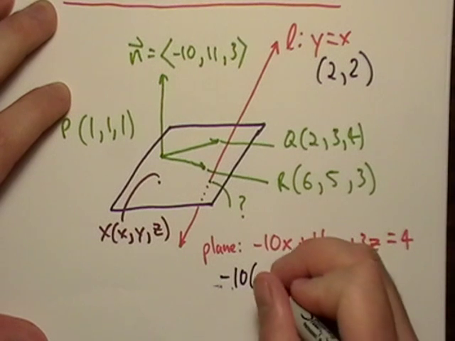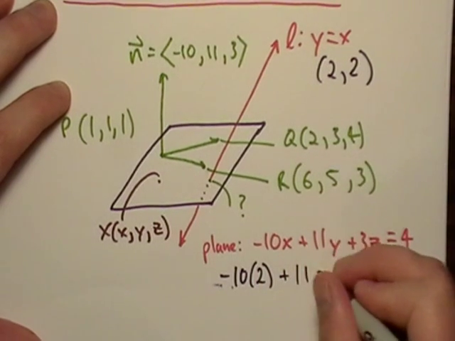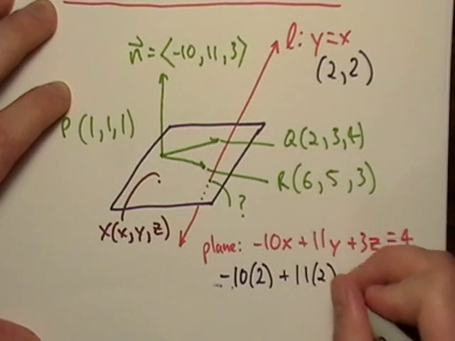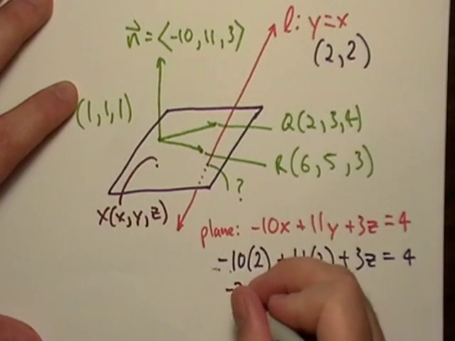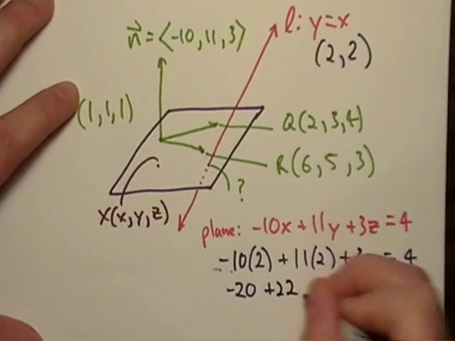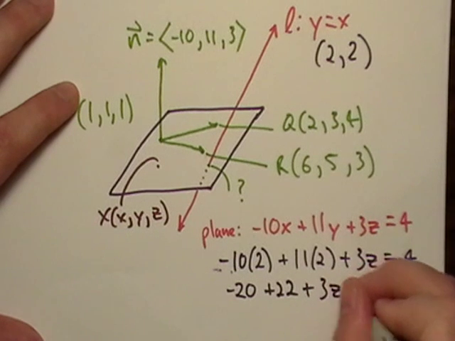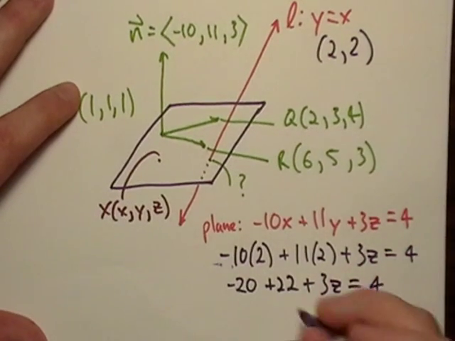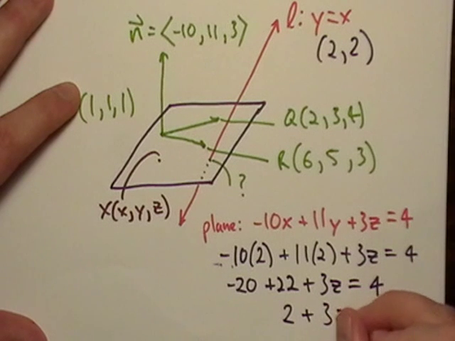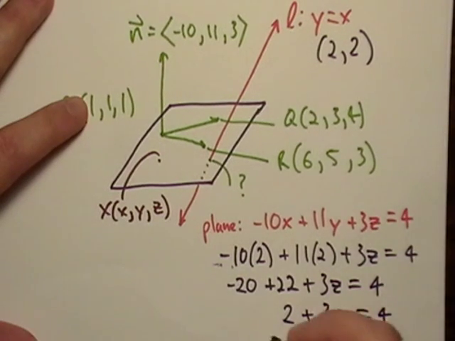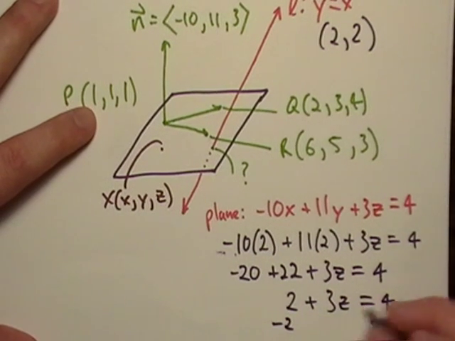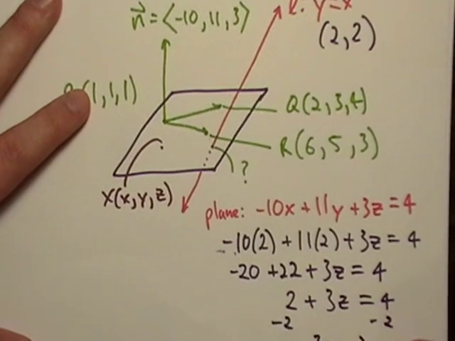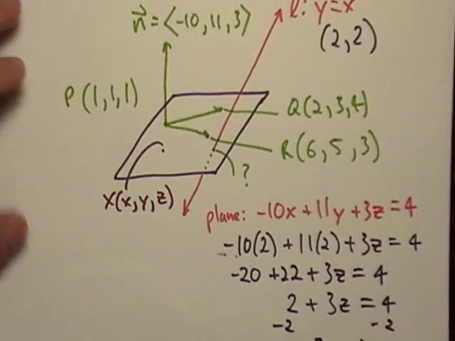I basically eliminate 2 variables by doing this, and then I can just solve for z. I get negative 20 plus 22 plus 3z equals 4, which gives me 2 plus 3z equals 4. Subtract 2 from both sides, just some algebra, so z is equal to 2/3.